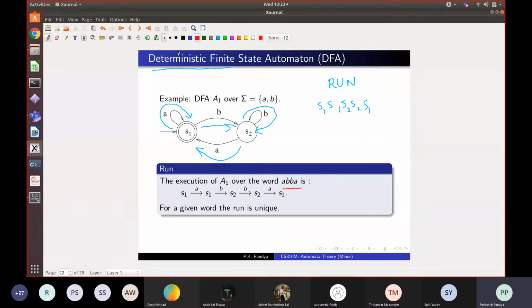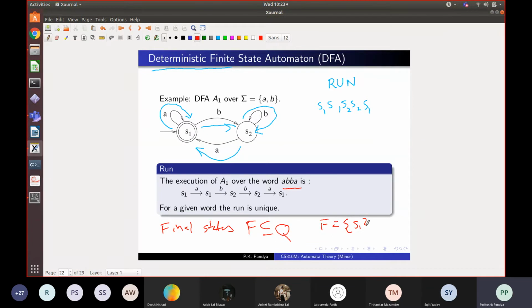Now you remember we want to define language as a collection of words over alphabet sigma. So for that we designate a subset of the states as final states. F is some subset of Q. In our case, we designate F to contain only a single state, S1.